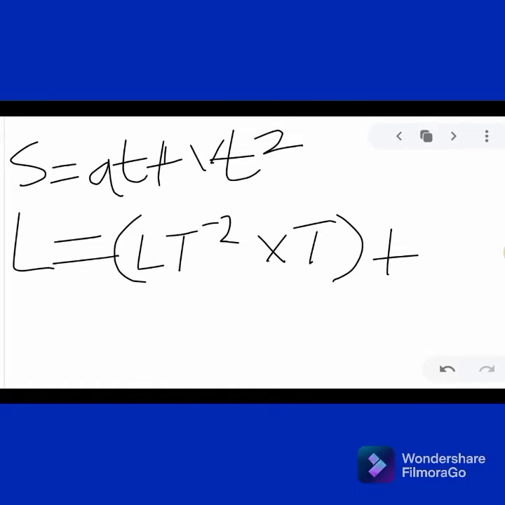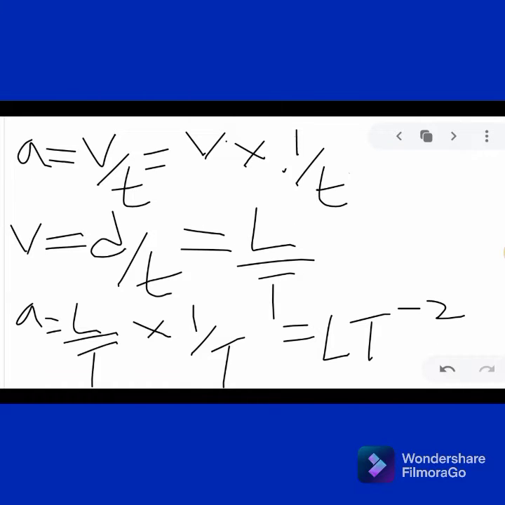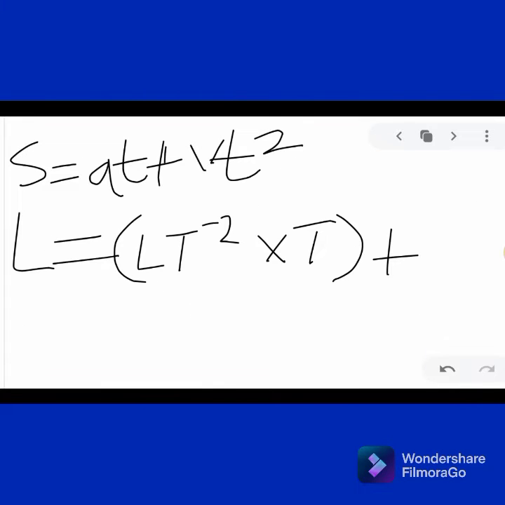Thankfully we've already gotten velocity. Velocity is L over T, which is the same thing as L T raised to power minus 1. So let's go back and write it down here: L T raised to power minus 1.